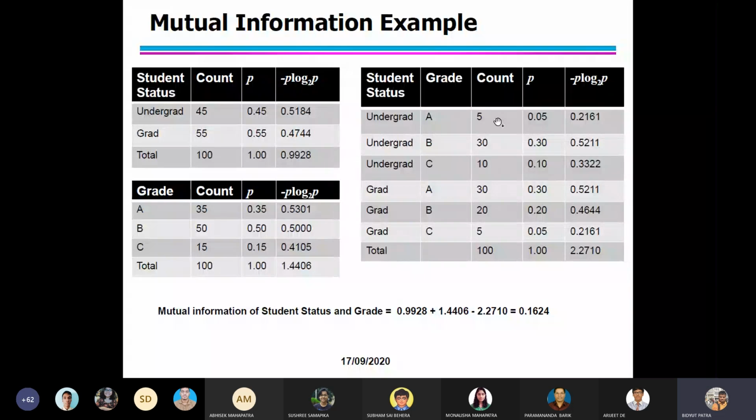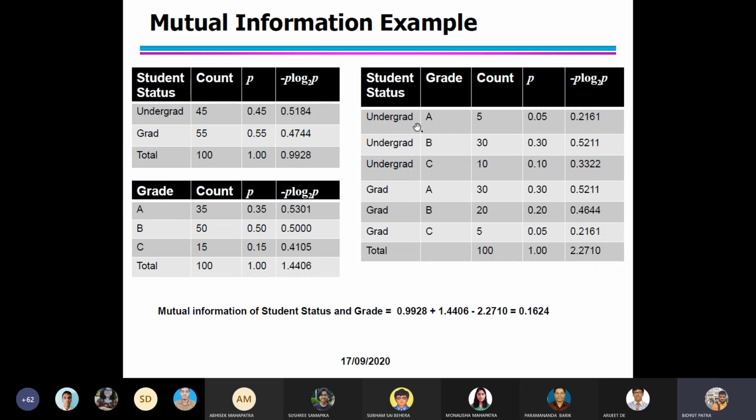The count is 5. Undergraduate with grade B is 30. Similarly, undergraduate with grade C is 10. Now again you combine graduate with A, graduate with B, graduate with C. Then we get the joint probability.